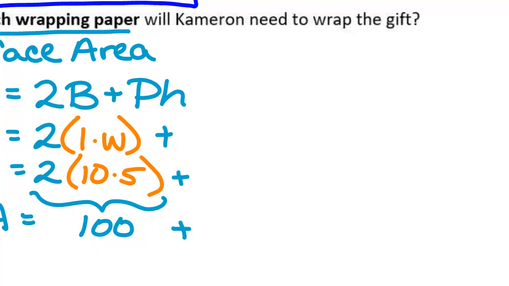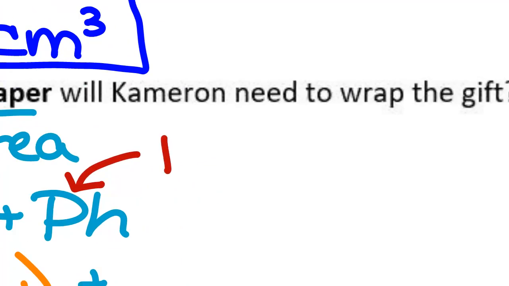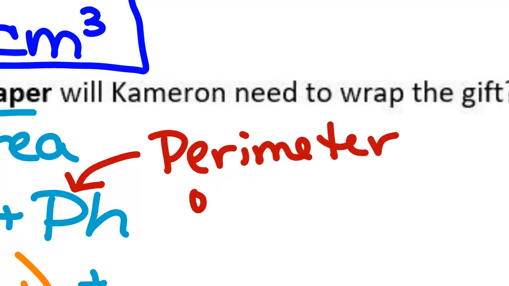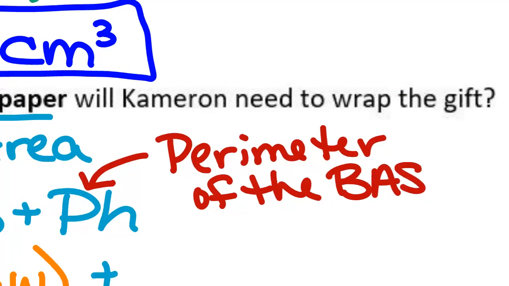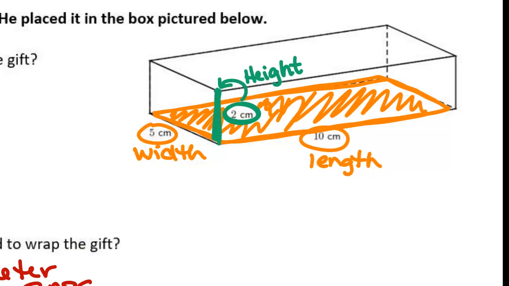To find the perimeter, this has to be the perimeter of the base. So I'm going to look at that base. We're going to go all the way around it. So this side is 10.